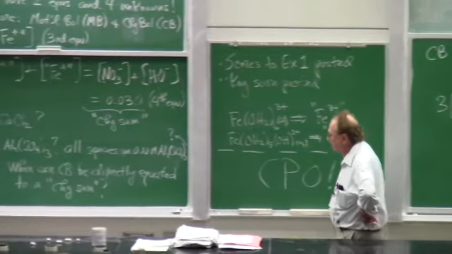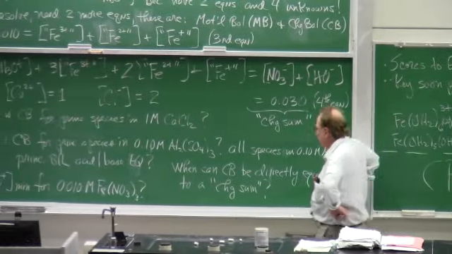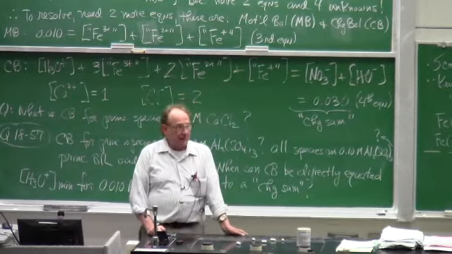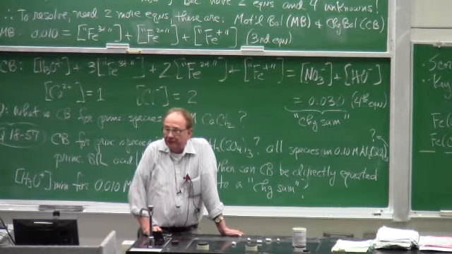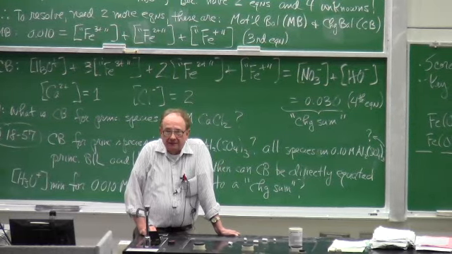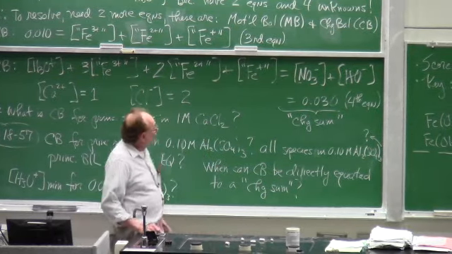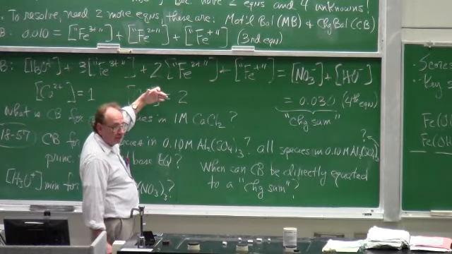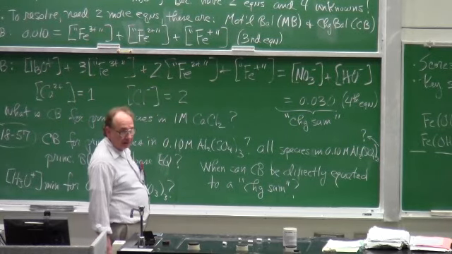Now, if I ask you to write the all species charge balance statement for this system, what would you write? Now you ought to have a good idea on how to do that, since we've got the all species charge balance equation here written for our iron nitrate solution.